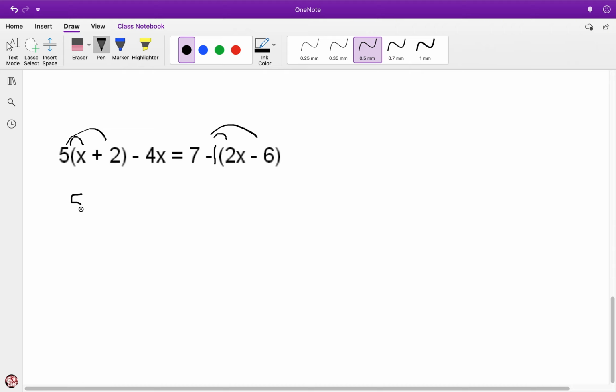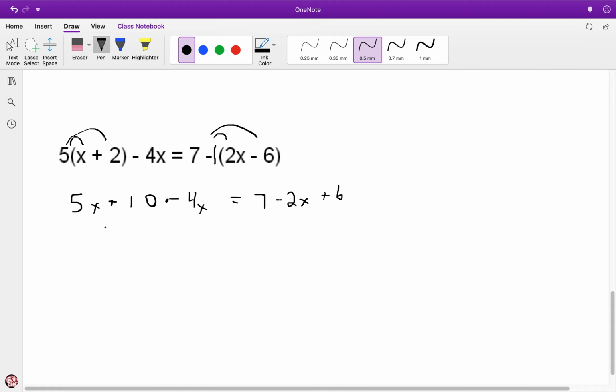So this is going to be 5x plus 10 minus 4x equals 7. Now if you remember, every time we multiply a negative in there, everything's going to stay the same number, but you're just going to change sign.